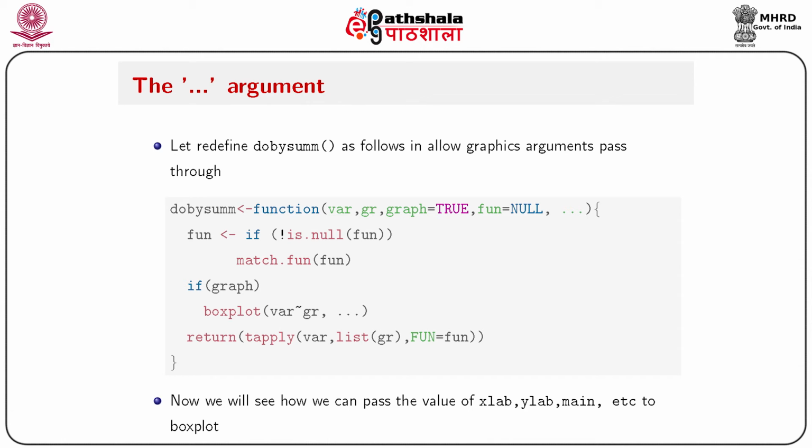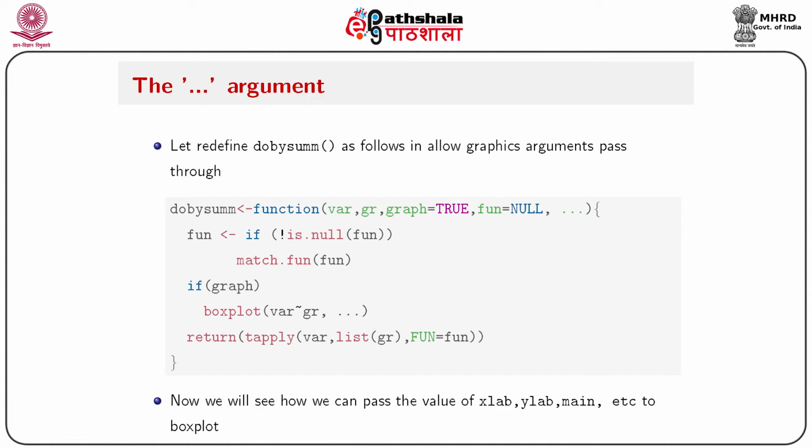All are the same. Here I just included the box plot, where the left side of the formula and the right side is the group, comma, and the triple dot, and then return the function, that is the mean or variance, whatever the stratified summary.